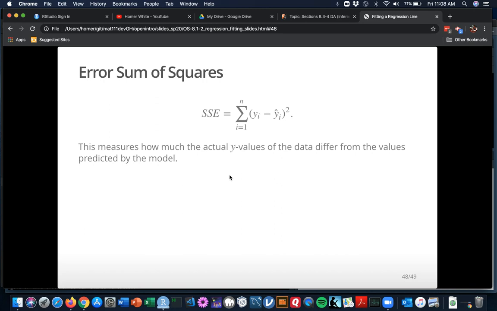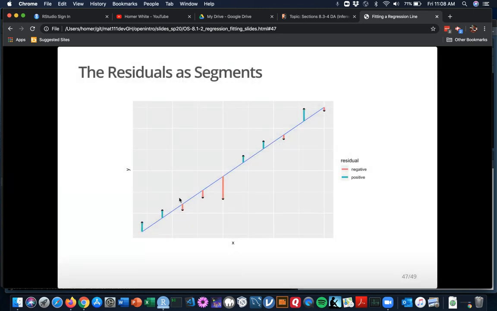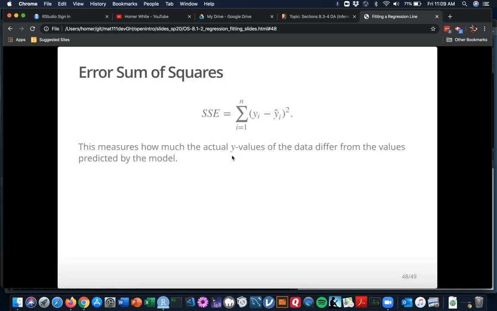Now, there's all kinds of lines that you could have drawn through that data. One could draw like this, or like this, or like this. Infinitely many lines that you could draw. And each one of those lines would produce residuals. And so you would have an SSE for each of those lines.